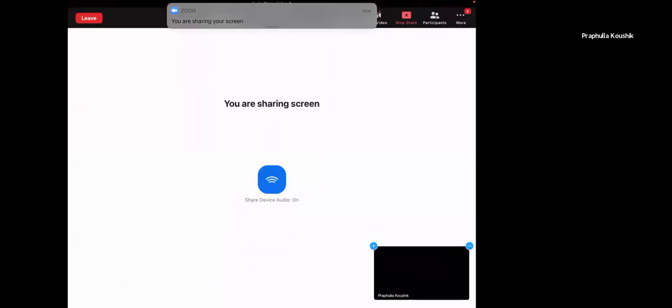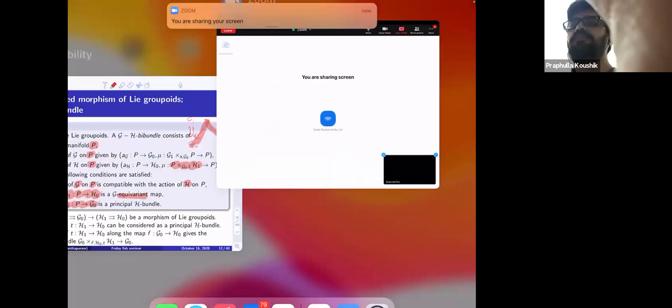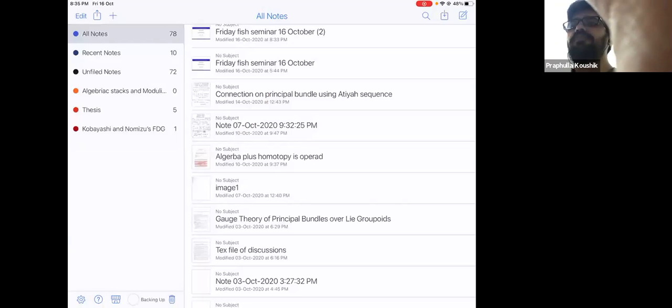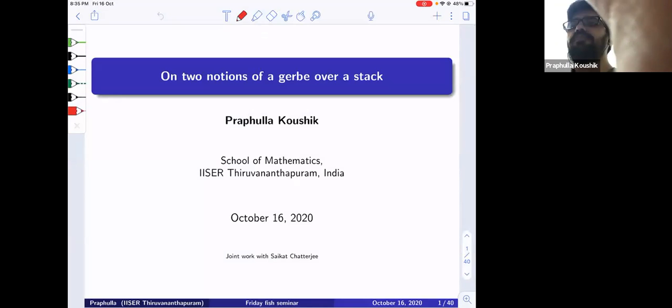It seems like the screen sharing stopped, maybe, at least for me. Yes. Now it's gone blank again, maybe.